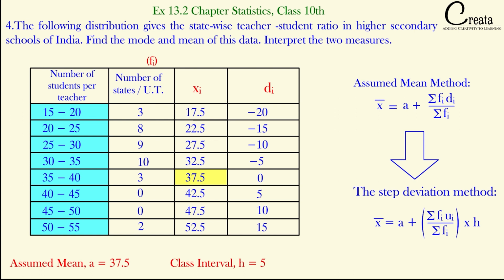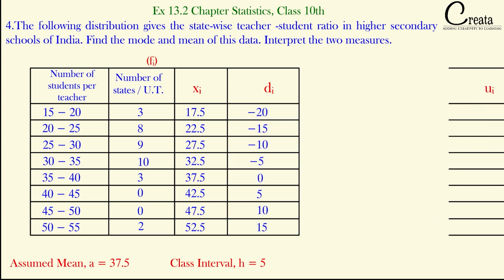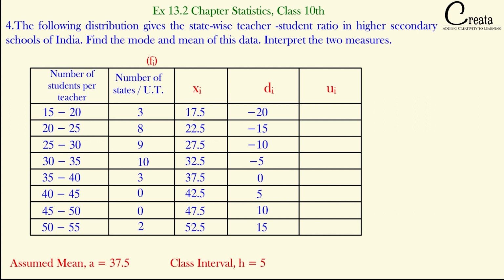We got the value of h as 5, and you can observe we can easily divide all the values of the deviation by 5. So yes, we will go to the step deviation method, in which we add one more column, ui, in which we divide the values of the deviation by the class interval, which is 5. So let's divide all the values of di by 5.